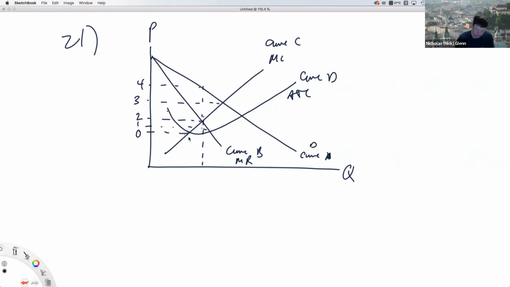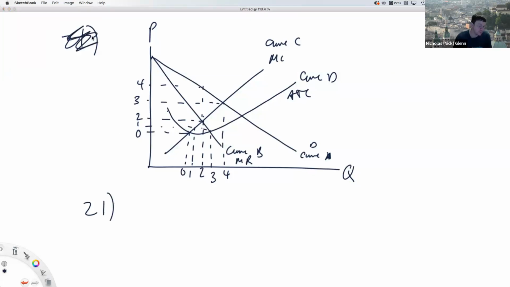All right, what about quantities? 0, there, 1, that's 2, that's 3, and that's 4. So we have two questions here, 21 and 22.